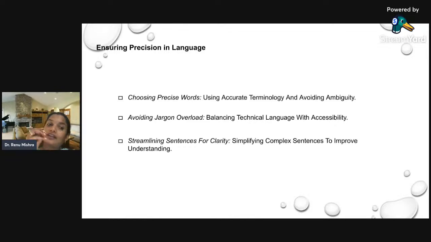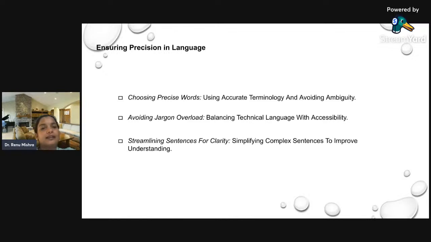So what kind of accurate terminologies need to be used? What kind of jargon needs to be avoided? Plus, how to simplify our language, or what kind of simplified language should be used? That is done in editing and proofreading.